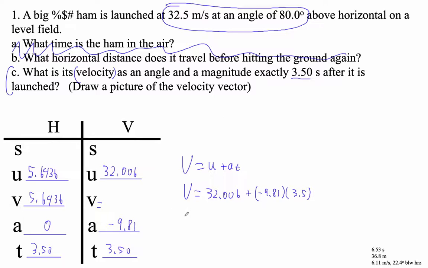All right, so that guy minus 9.81 times 3.5. Negative 2.32 meters per second. It's negative 2.3287, I'll say.